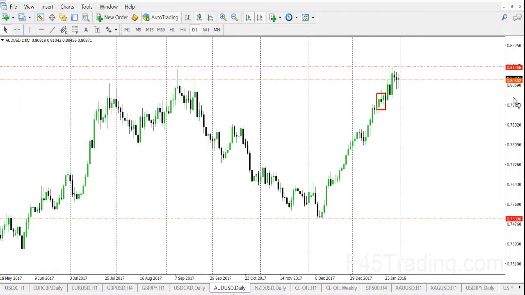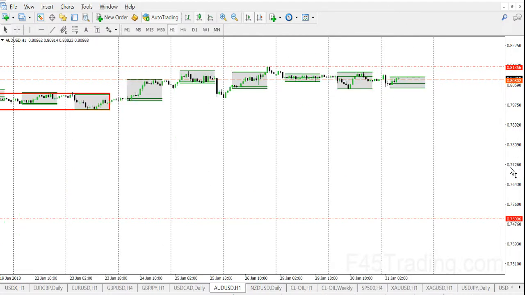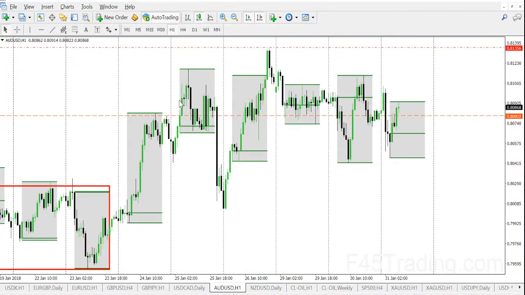If it comes to fruition, I'm going to be astounded. But I saw a trick from a guy a while ago. So you see this consolidating area in here? Price comes in, we've picked our level, 50% range, the mid-range of this consolidation level, 80.80.